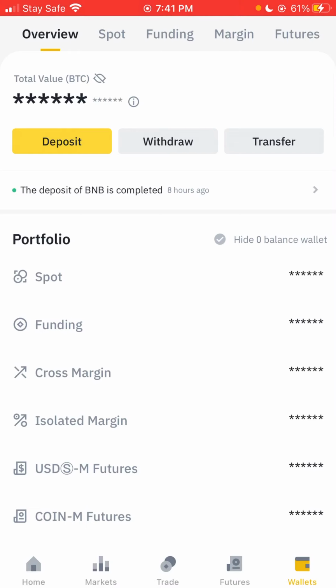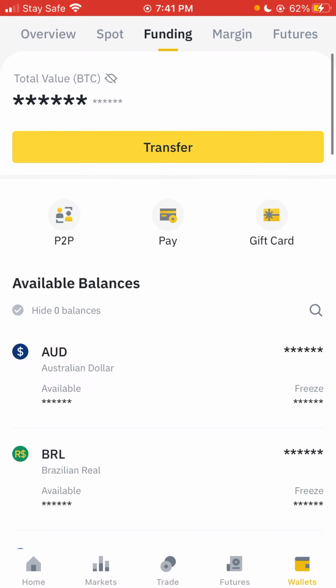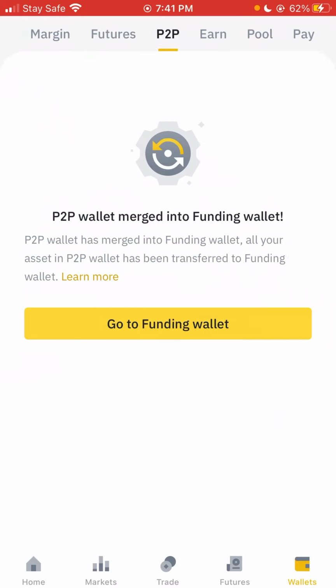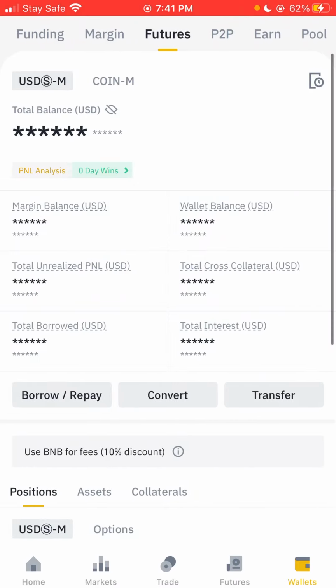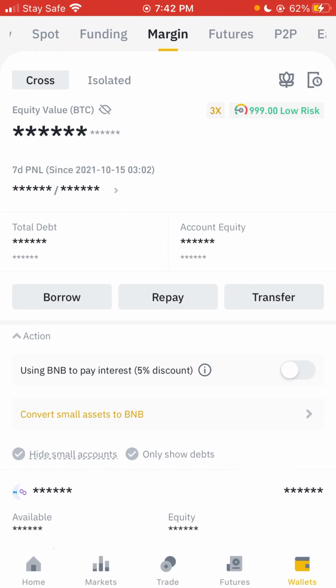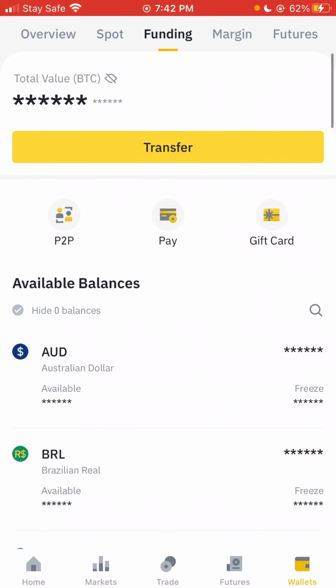So I will come to wallet, and under my wallet we can see up here we have overview, spot, funding, margin, futures, P2P. We have nothing to do with the others but these futures. Before you can trade anything on Binance or any other centralized exchange, after registering and verifying your account, you need to deposit some funds into your account.